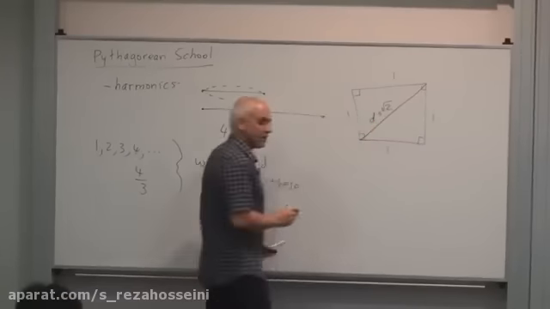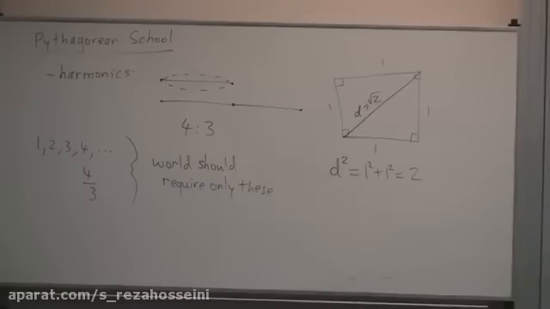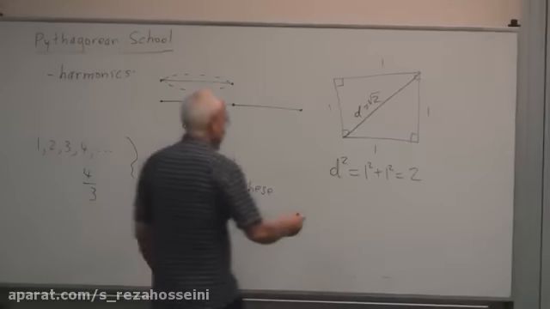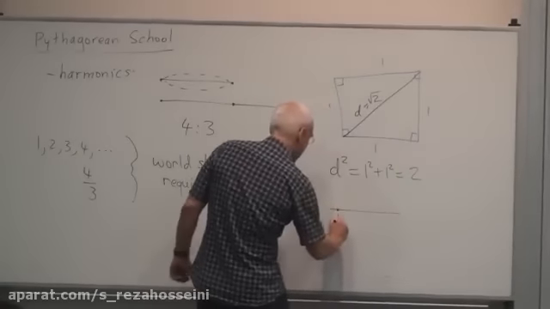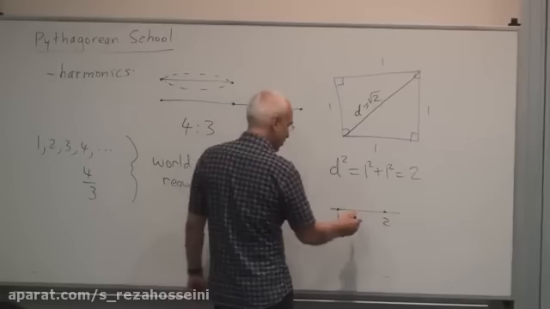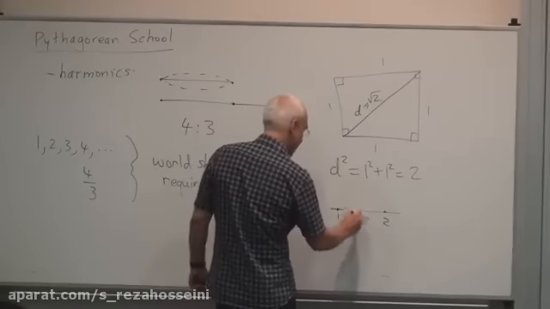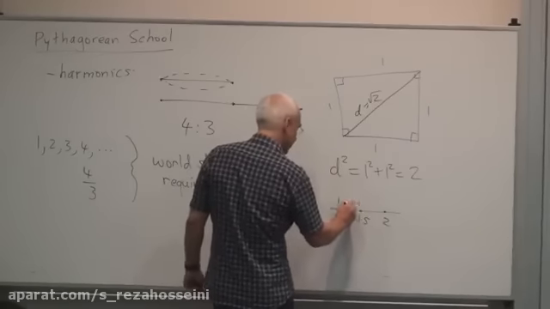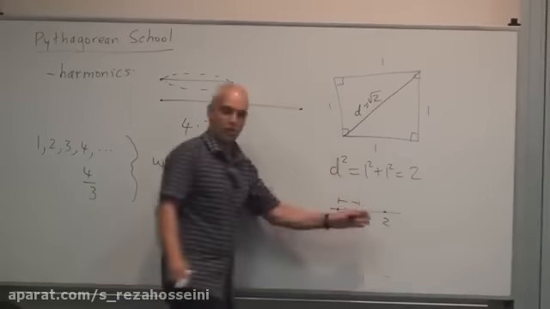So from their point of view, what number squared gives you 2? Well, d should be bigger than 1 but less than 2. And it's not too hard to see that it's somewhere between 1 and 1.5, 1.5 being 3/2.